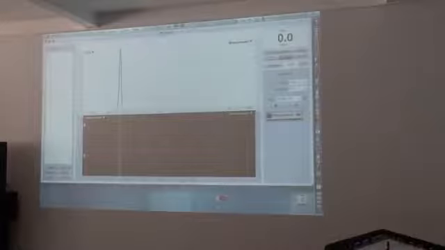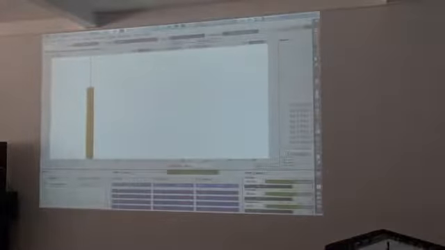Like this. So this is 100 Hz, and if we go to the spectrum analyzer, this is 100 Hz. And if we want to view this as the oscilloscope, you can see the oscilloscope information.